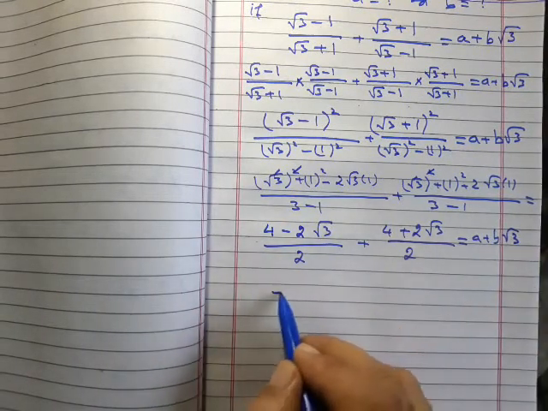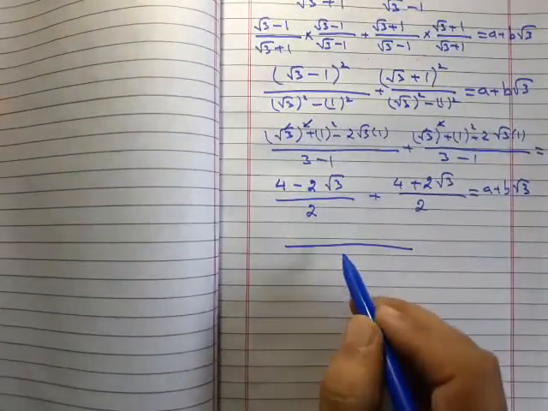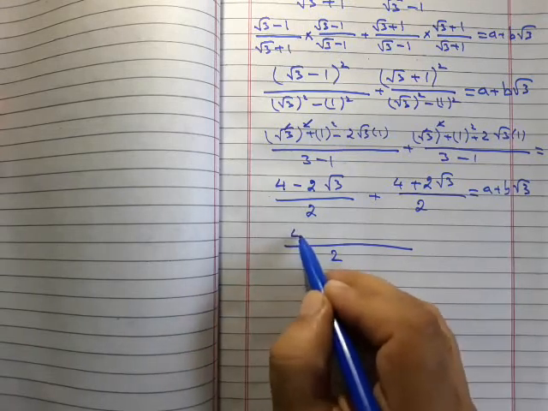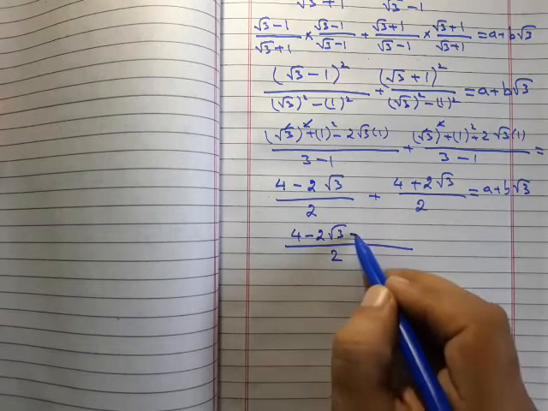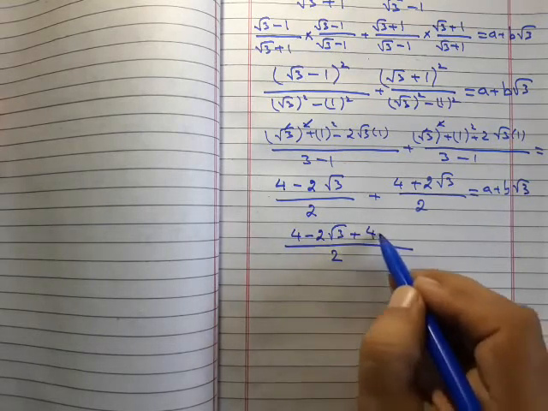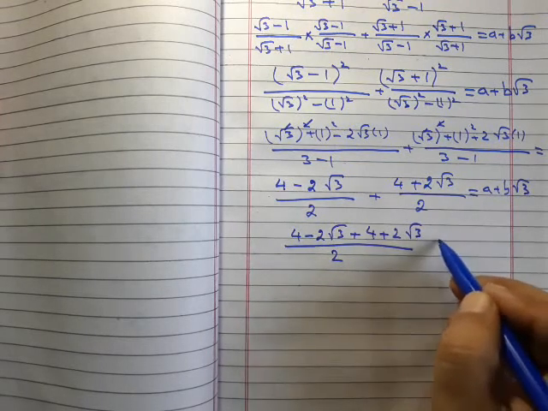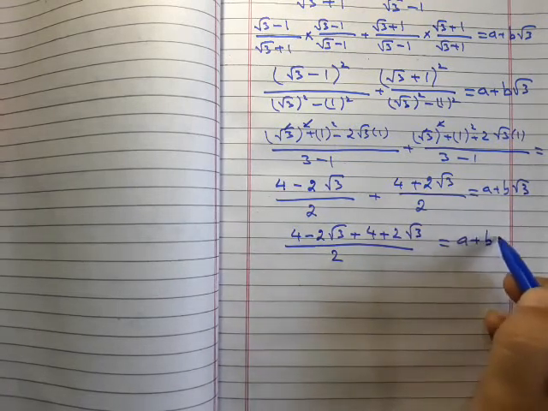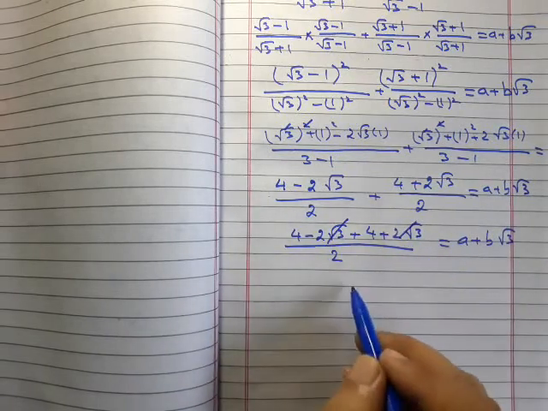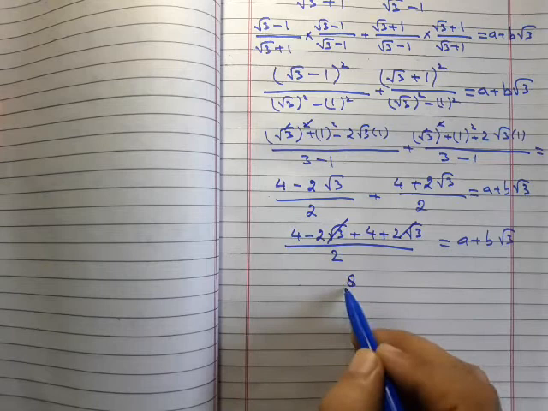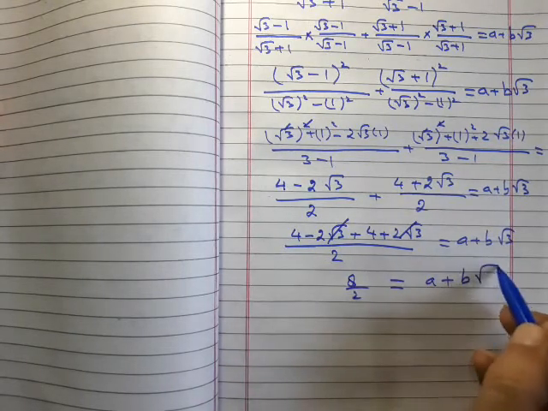Now let us take the LCM. 2 is the LCM. 4 minus 2 under root 3 plus 4 plus 2 under root 3 is equal to A plus B under root 3. It will be cancelled. 8 over 2 is equal to A plus B under root 3.